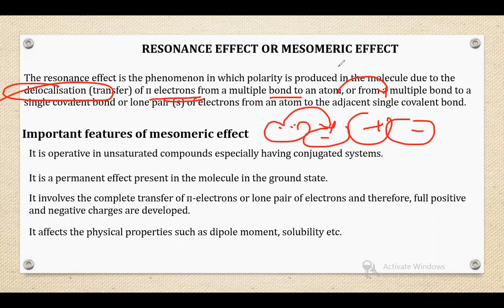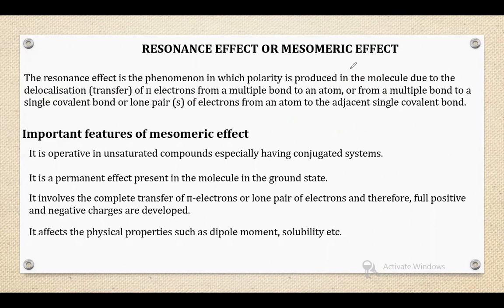It also affects physical properties such as dipole moment and solubility. It involves the transfer of pi electrons or lone pair of electrons. It is a permanent effect. You need to remember this.